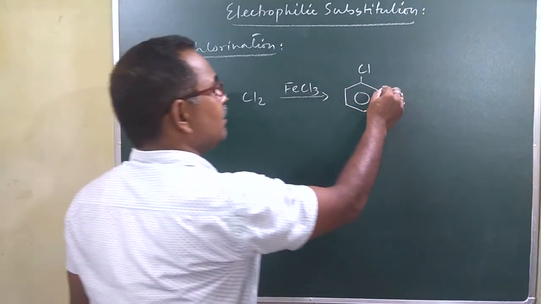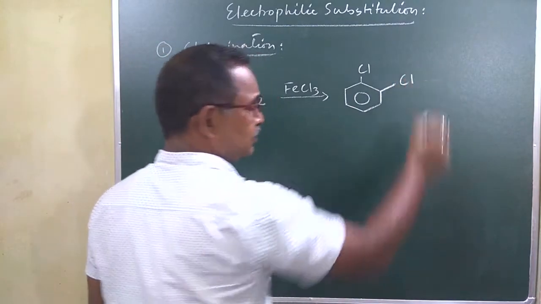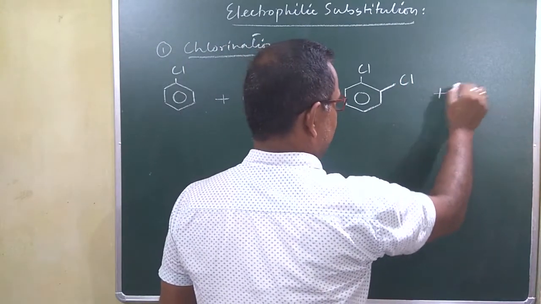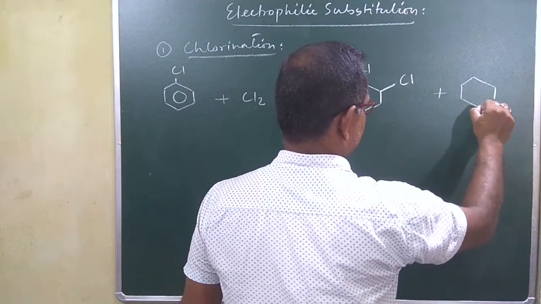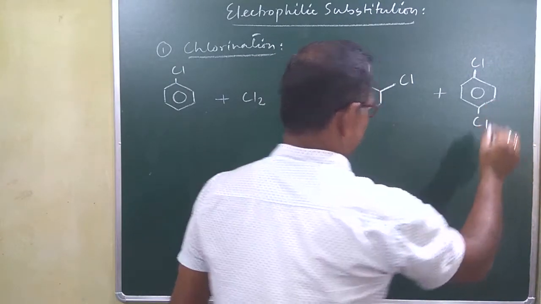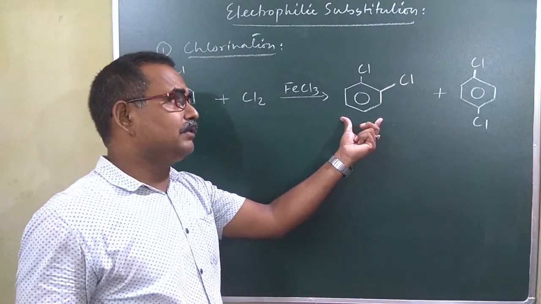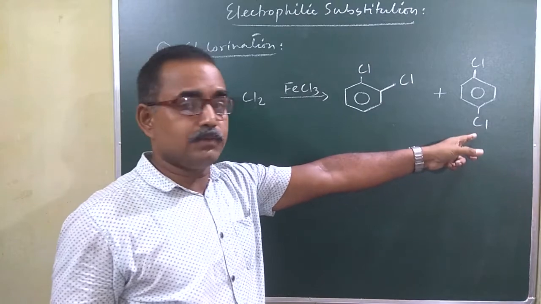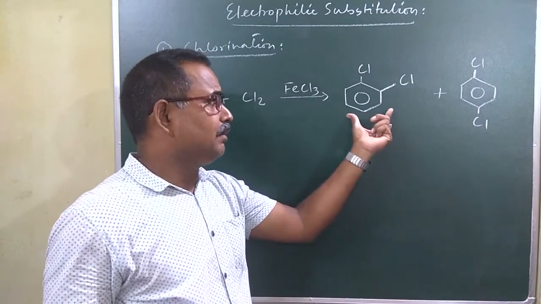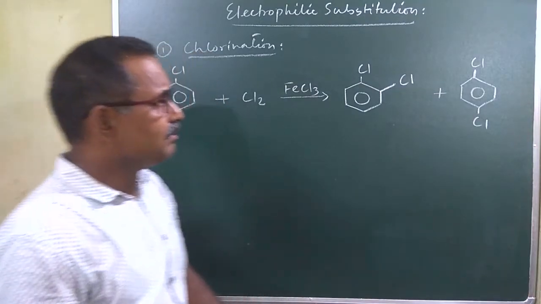It will attach either at ortho position or at para position. So in this case we may have a mixture of two compounds formed. This is 1,2-dichlorobenzene, this is 1,4-dichlorobenzene, or this is ortho-dichlorobenzene, this is para-dichlorobenzene. Okay.